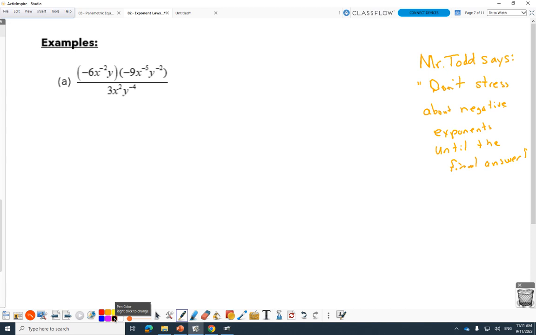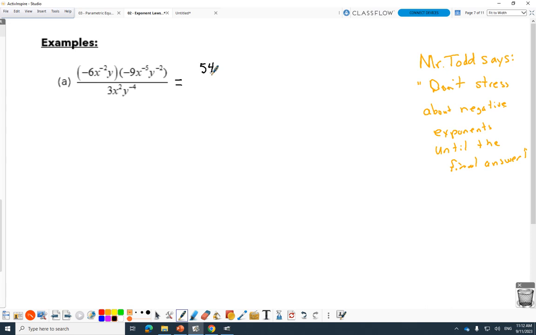So for instance, the numerator of this, negative 6 times negative 9. Maybe you need your calculator, but hopefully you can do that in your head. Positive 54. X to the negative 2, x to the negative 5.